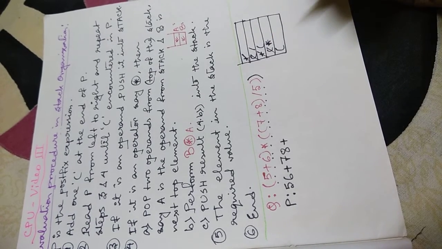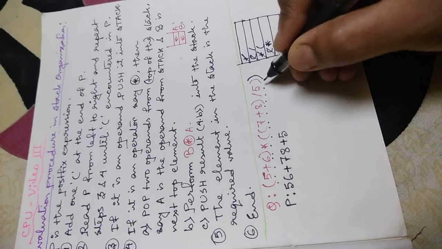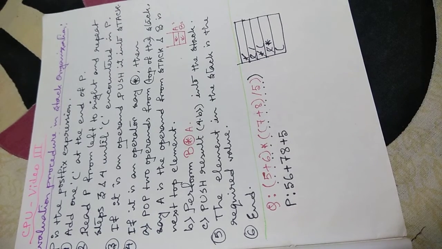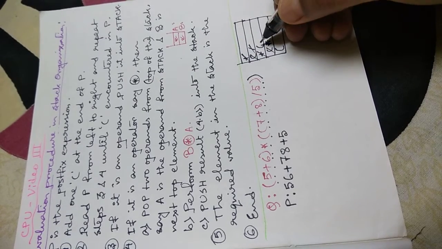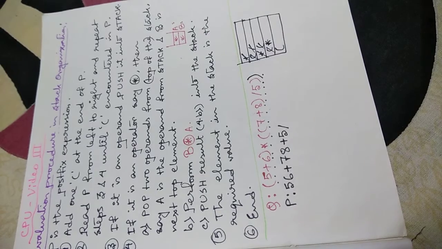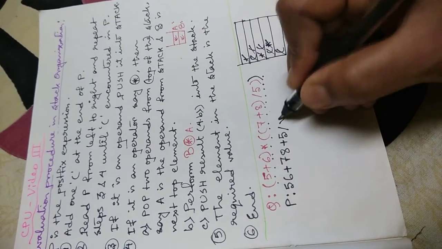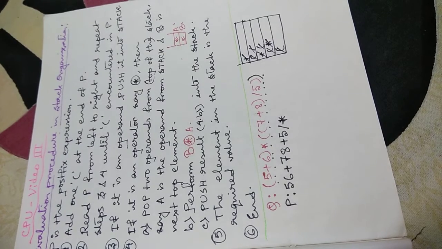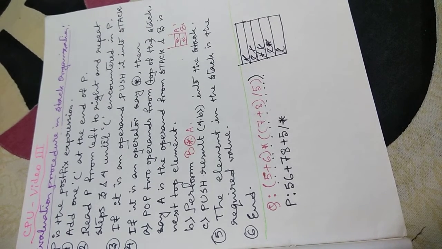Next is 5, it is an operand, so add it to P. Closing parenthesis, so pop topmost element, add it to P. Again closing parenthesis, pop topmost element and add it to P. So this is our required postfix notation.